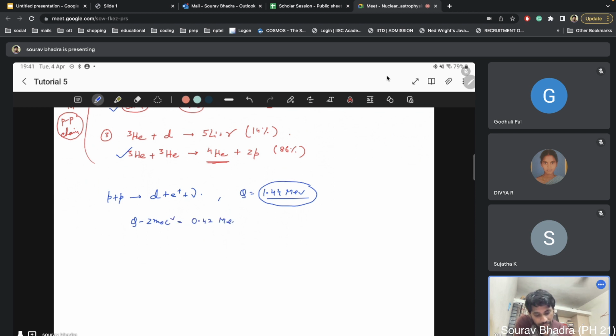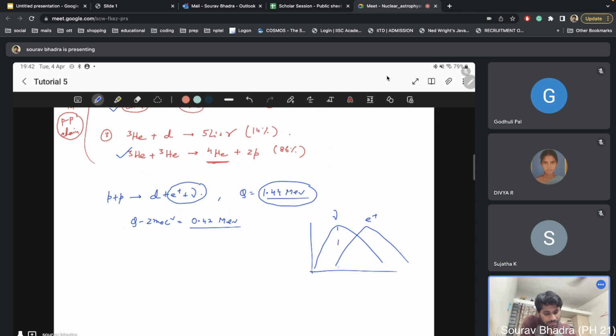So this much energy is available for the positron and the neutrino to take away, a combined energy of 0.42 MeV. If you calculate, you can see the spectra also. I have proposed that the neutrino and positron will follow this type of spectra.